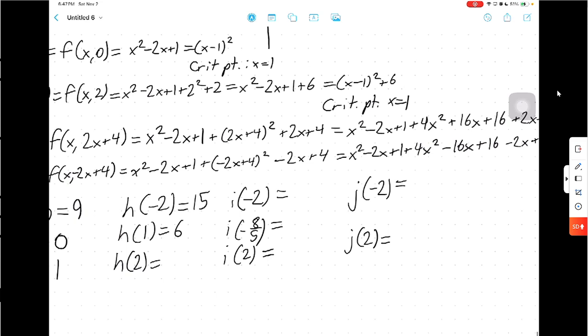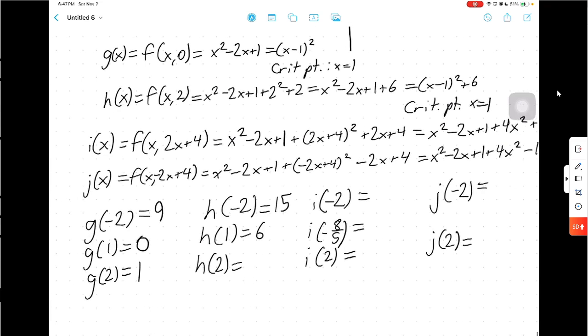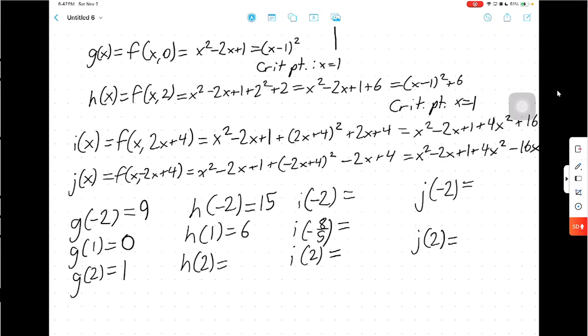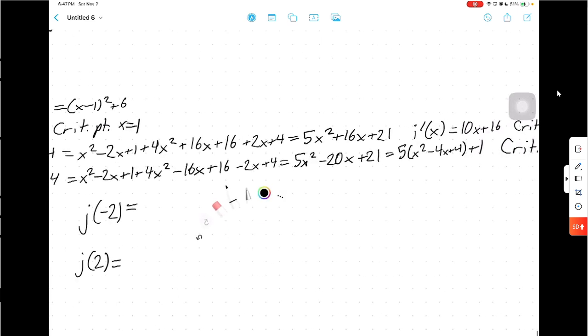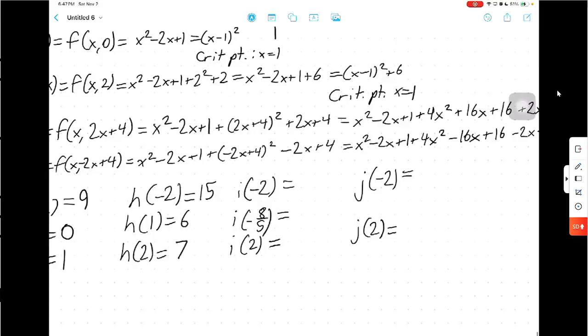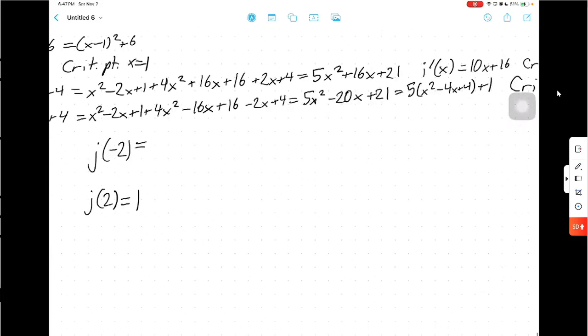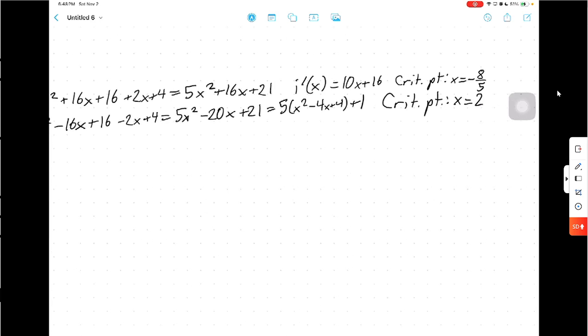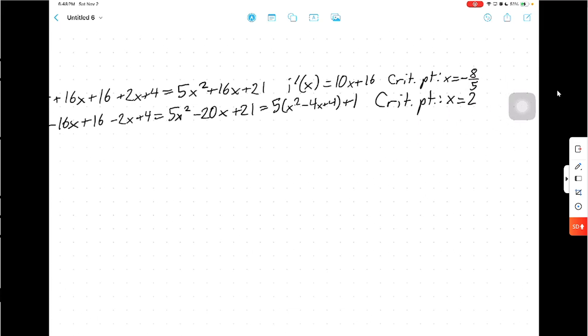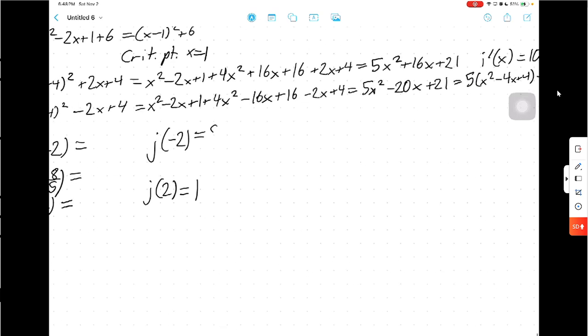H of 2 is going to be a 7. Another easy one is J of 2, that's equal to 1, because this entire thing is just 0. And J of negative 2 is 4 plus 8 plus 4, which is 16, 81.